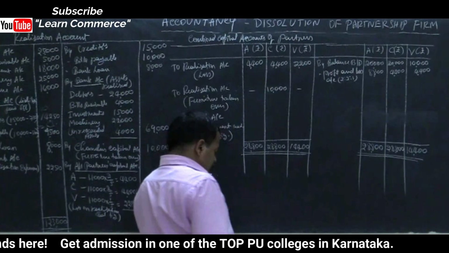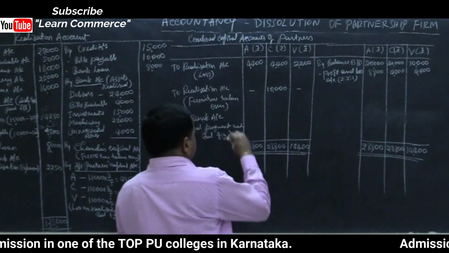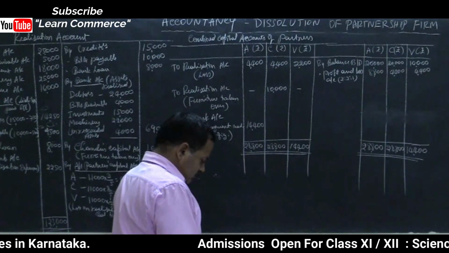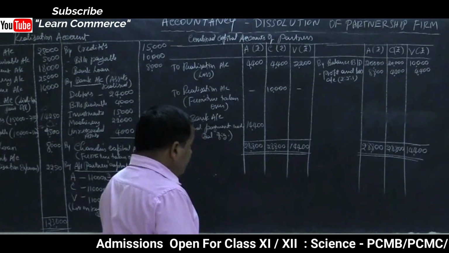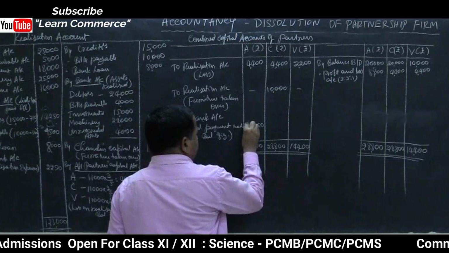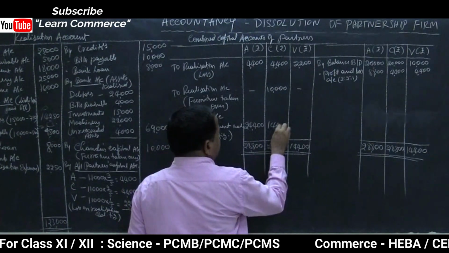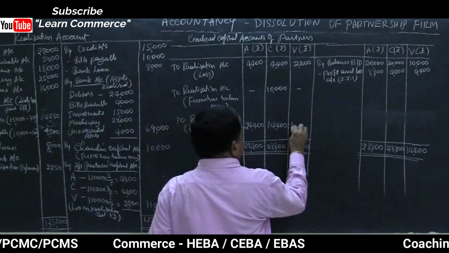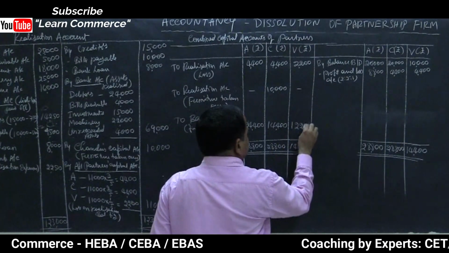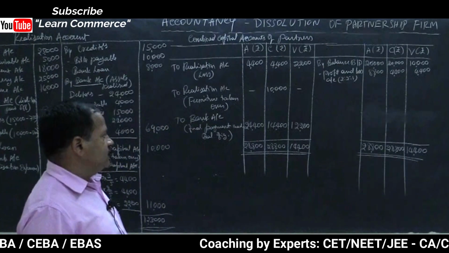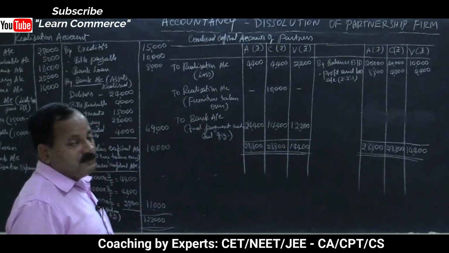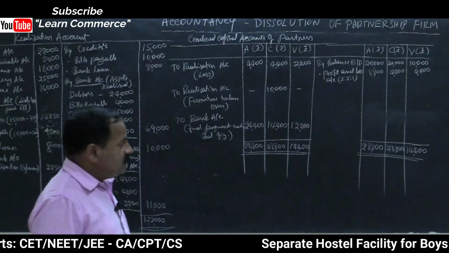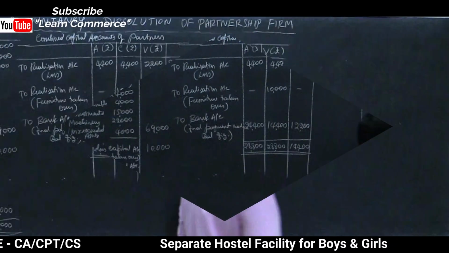Write the difference: 24,400, sorry, first one 24,400, then 14,400 and the last one is 12,200. Yes, that is the difference, which is the final balance in their capital accounts, which should be paid, right? So your capital account gets closed.